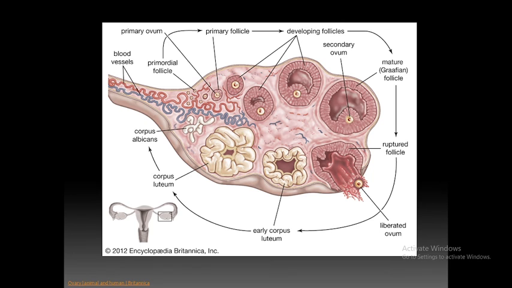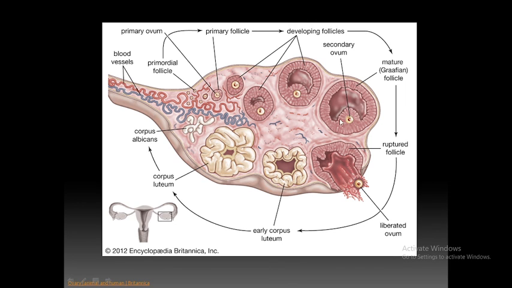So the oogenesis process takes place here, as this is the structure of an ovary. This is the cortical region which consists of the different developing Graafian follicles, and this is the medulla region. If you observe this single Graafian follicle, it consists of a number of cells, and this is the egg which is surrounded by these follicle cells.